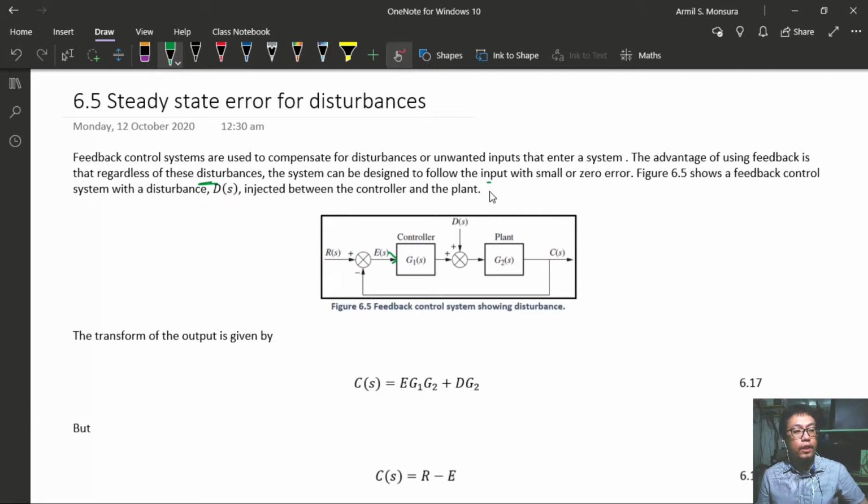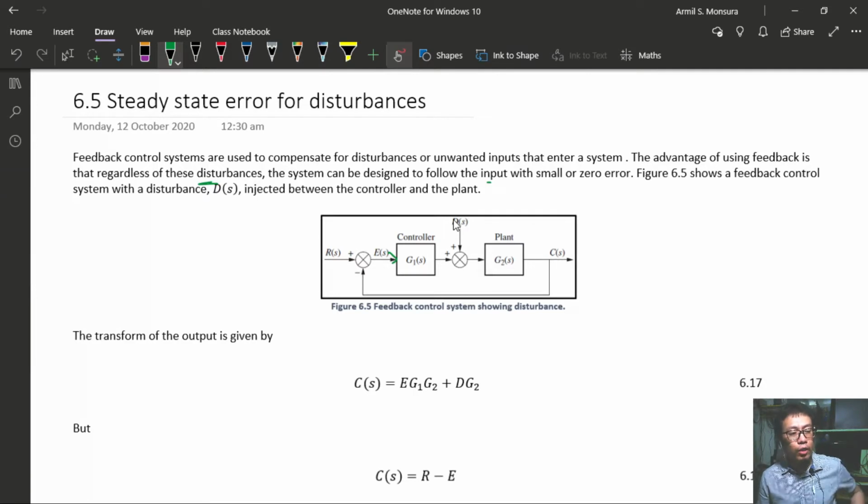Okay, now at this section, what we will try to do is find out paano yung epekto ng disturbance signal sa steady state error performance ng control system niyo. And we will also learn kung paano natin siya mas mami-minimize pa.